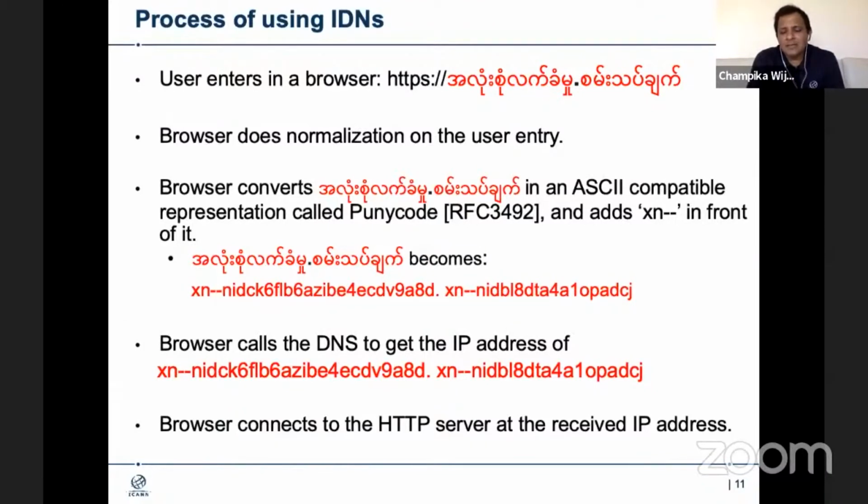What we mean by normalization is, say you take this particular Myanmar character, you may type this character using multiple key sequences, right? If you're using a soft keyboard or a usual keyboard, sometimes you may write this using multiple key sequences to type a single character. But whether it's a multiple key sequence or a single key sequence, the character, the glyph, has to be unique, right?